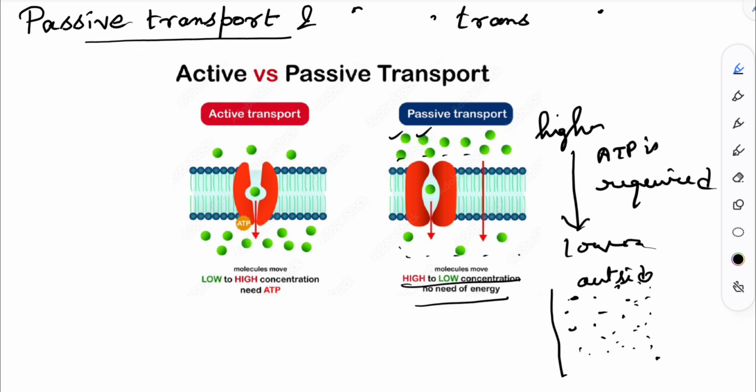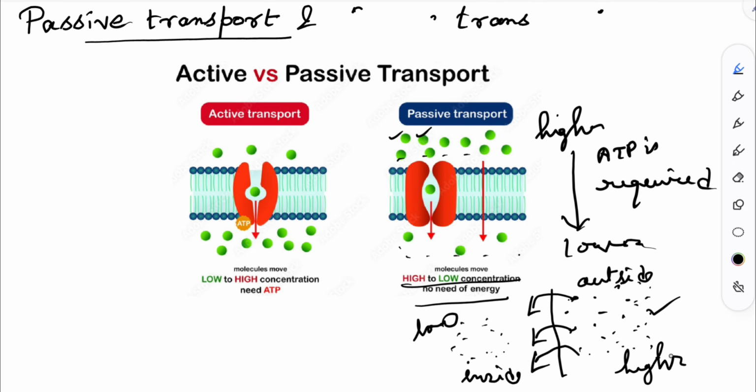This is outside the cell and this is inside the cell, and the plant needs water, so the water molecules will very easily come inside the cell, right? Because the concentration was higher outside and the concentration inside was low, so very easily it will come inside. This is passive transport.